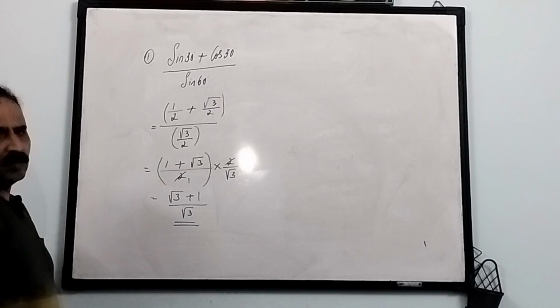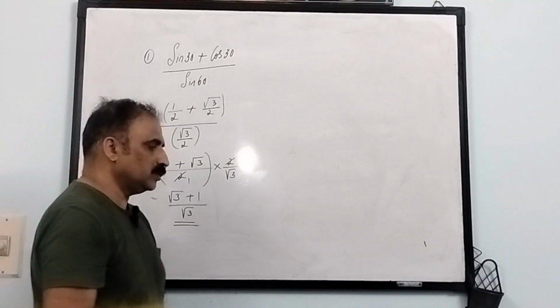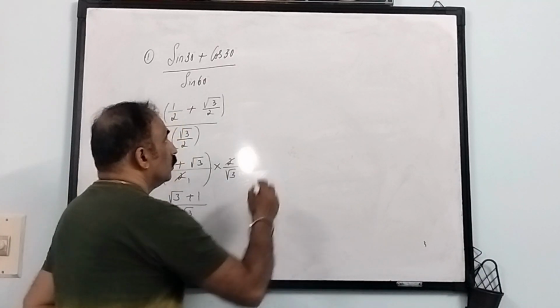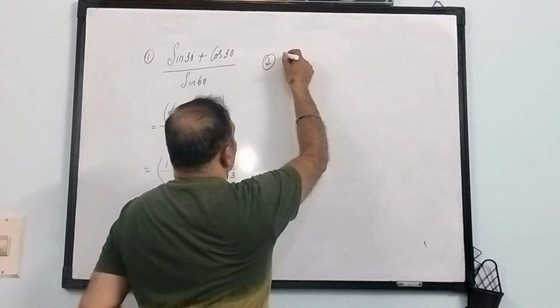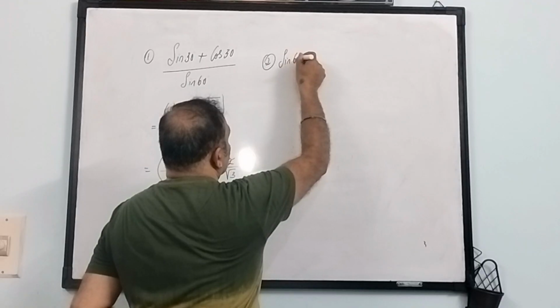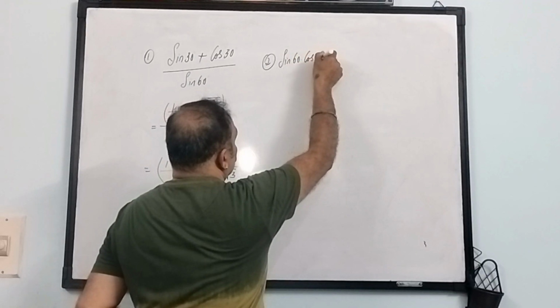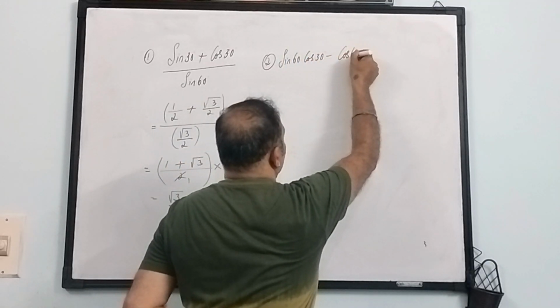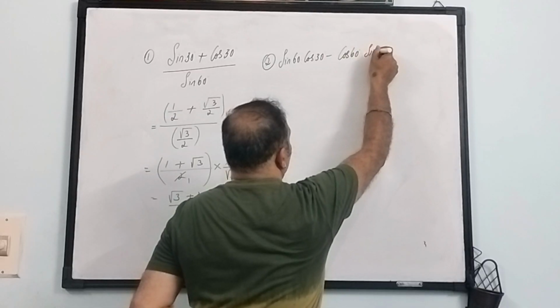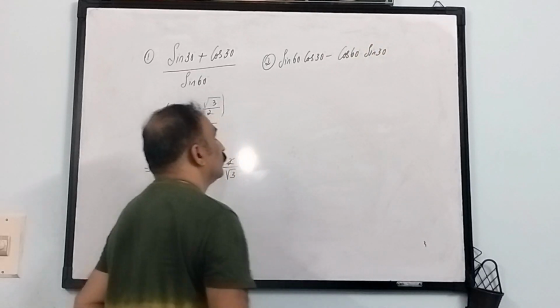Okay, that's how you solve. Normal procedure as you do in algebra, just substitute and get the values. Now, for example, if you take up the next problem, that is sin 60 degrees into cos 30 degrees minus cos 60 degrees into sin 30 degrees.